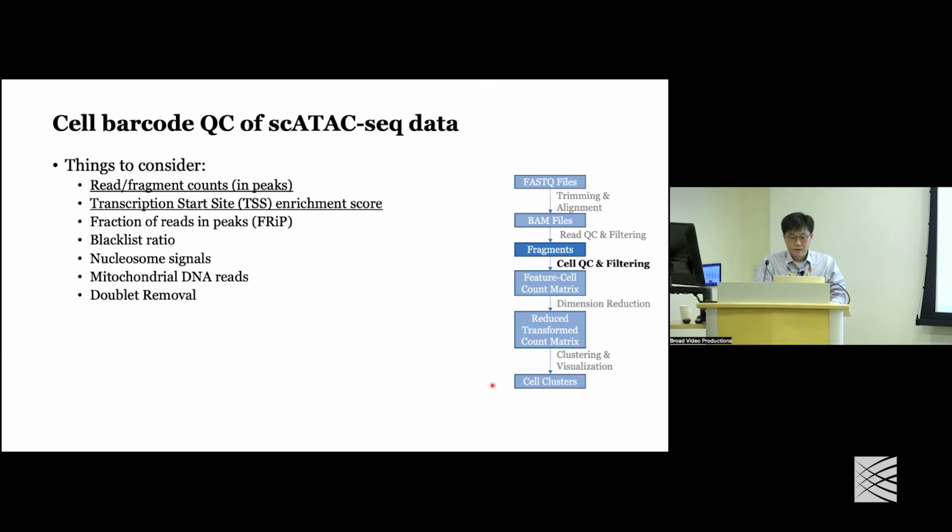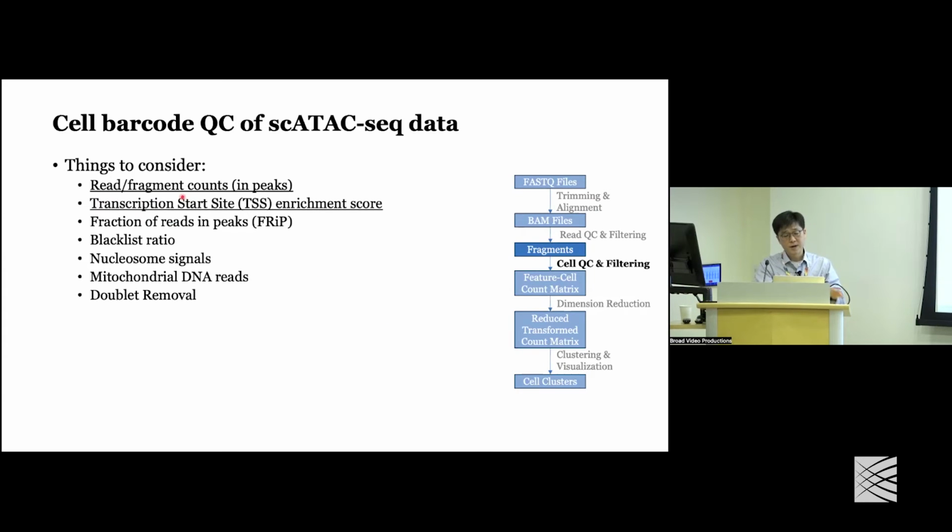Okay. So now that we have high quality fragments, adjusted for these biological processes, across all cells, we are ready to look at the cells. There are many things to consider for cell QC, but there are two most important metrics.